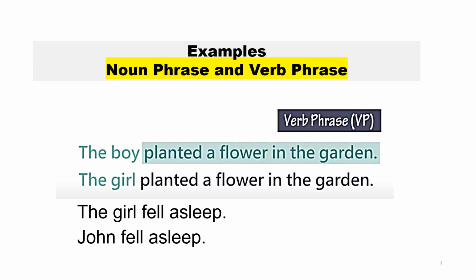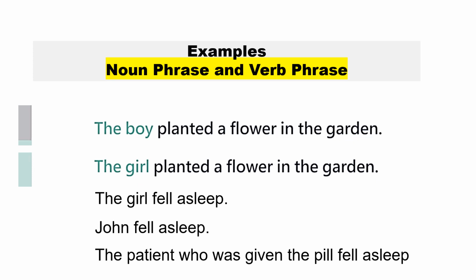John fell asleep, which is still grammatical. The patient who was given the pill fell asleep. So this whole thing is a noun phrase. So technically, all these noun phrases can replace each other.